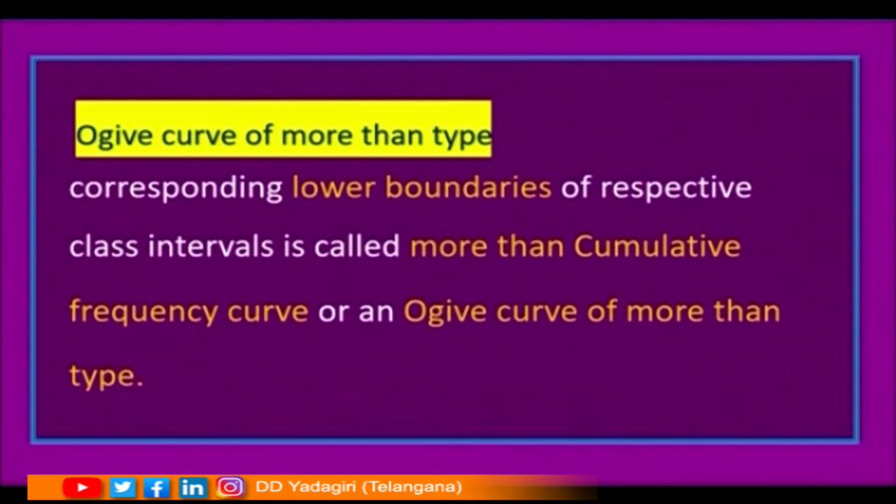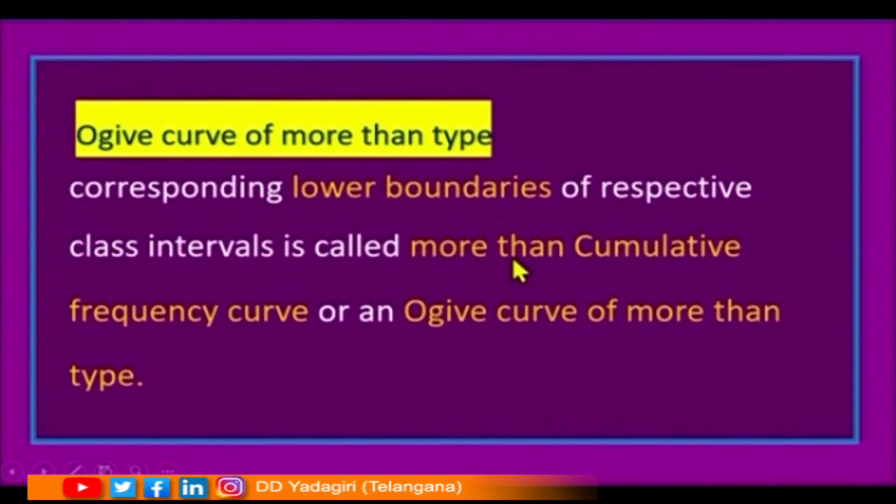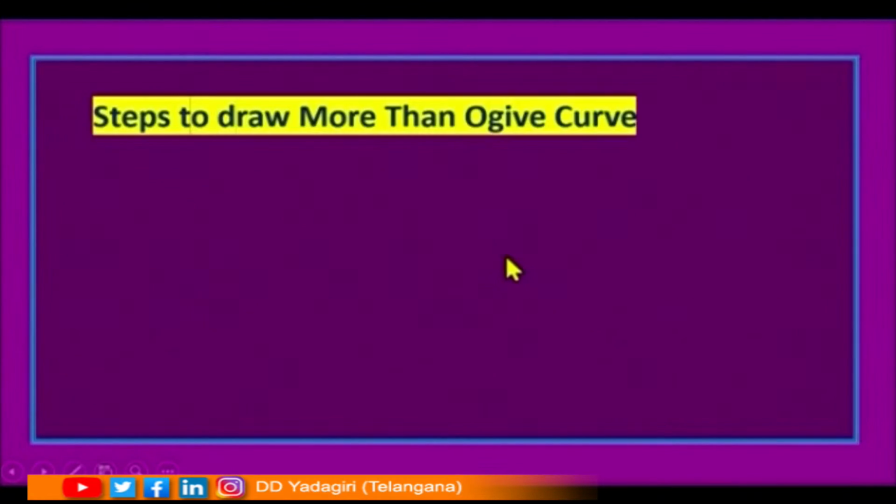So on the x axis you take the lower boundaries, on the y axis the more than cumulative frequency. That is the basic difference: in less than you take upper boundaries and less than cumulative frequency, whereas in more than you take lower boundaries and more than cumulative frequency.